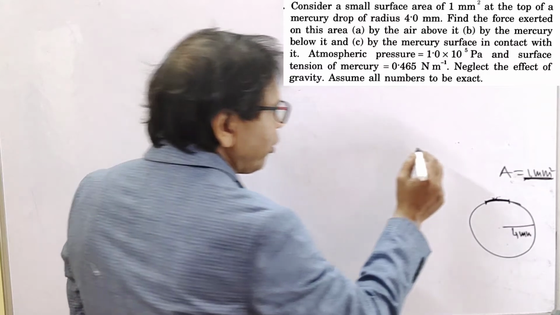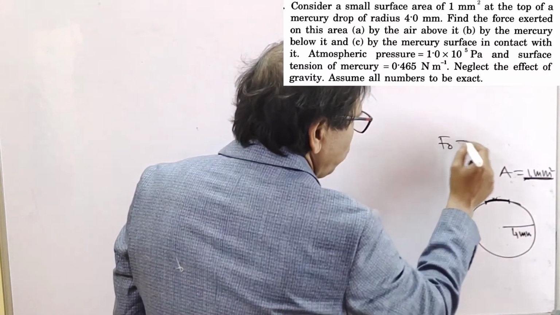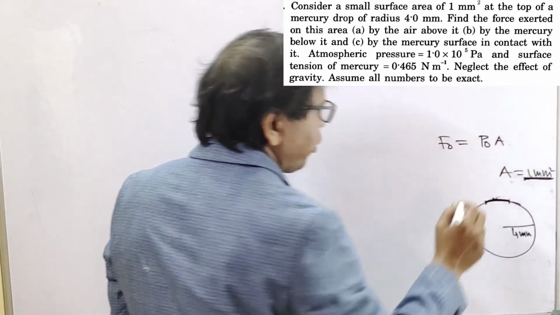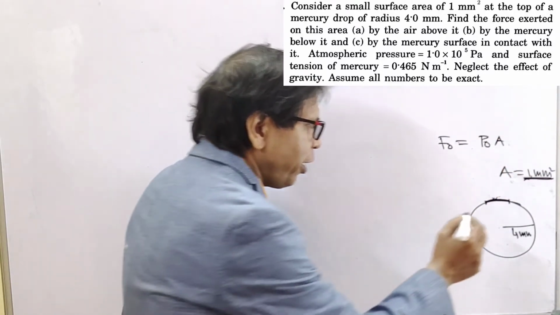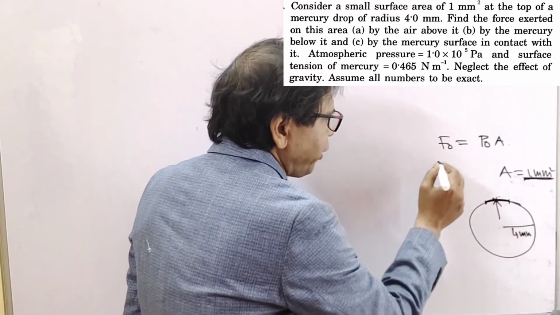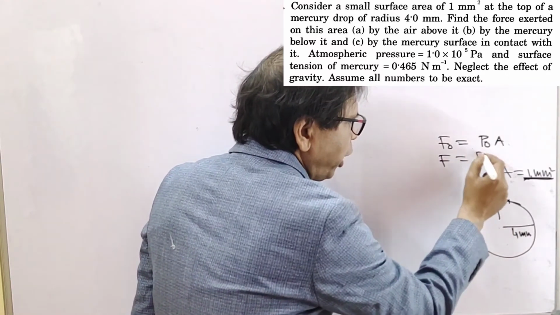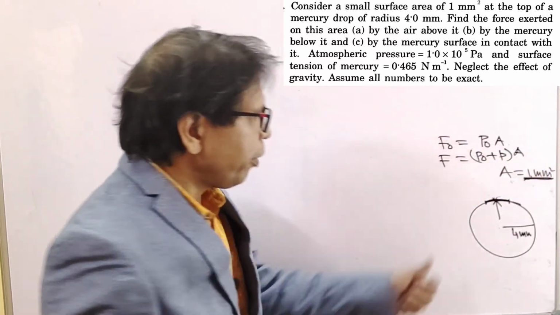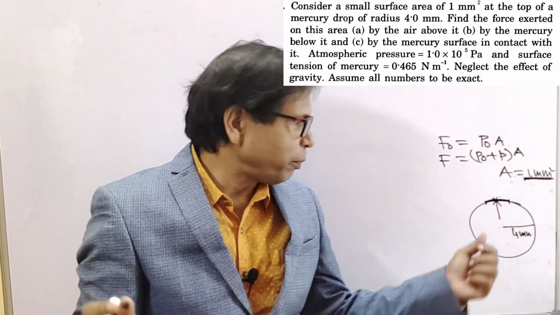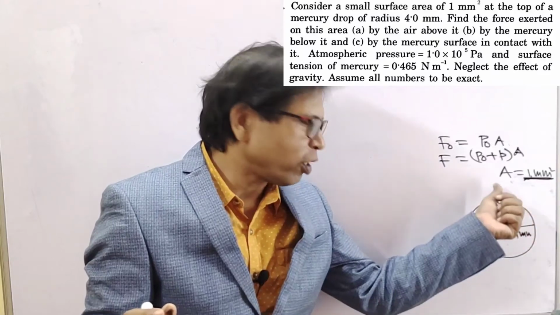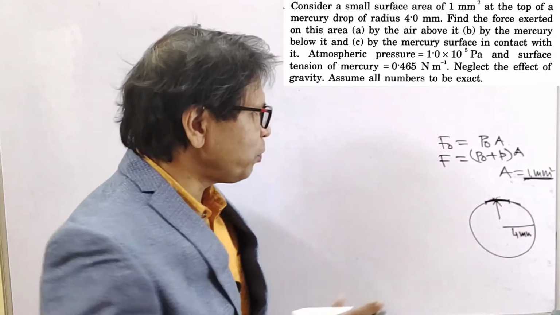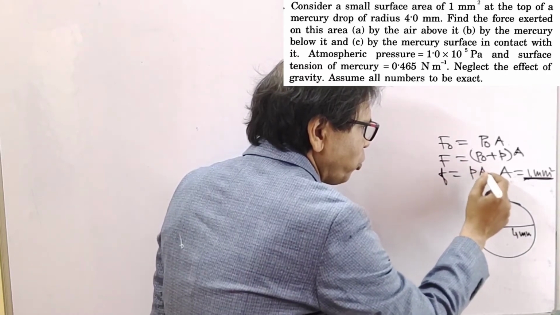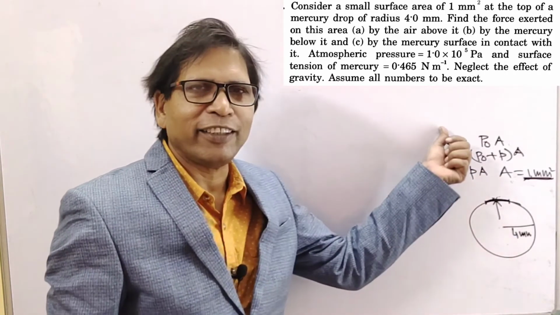That is the force F naught due to the atmospheric pressure, this is pressure into area, and the force by the mercury below it. This force is the total pressure P plus small p into A, and finally the force acting by the mercury surface in contact with air is F equals small p into A, that is this minus this.